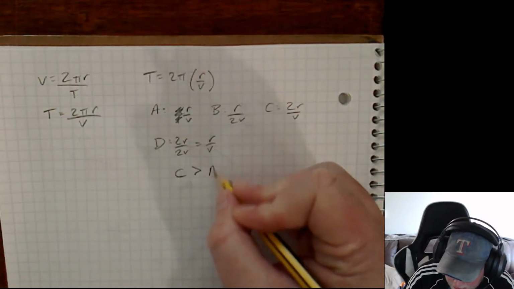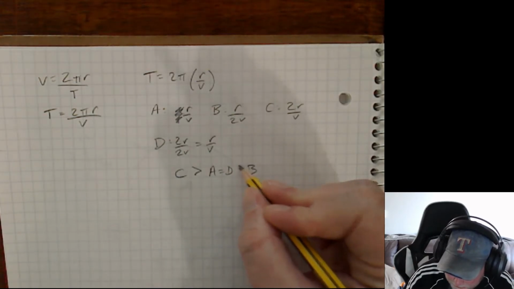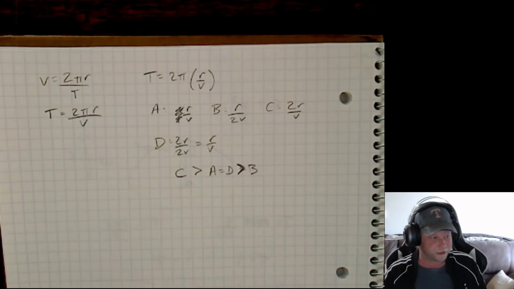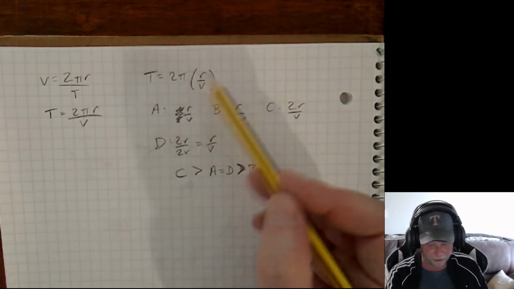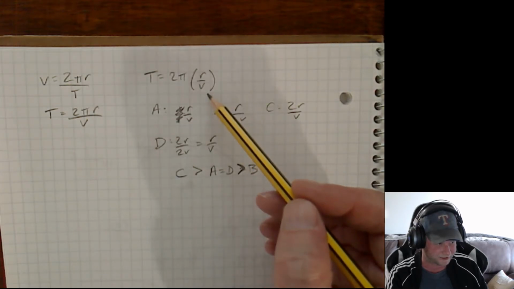Then you'd have a tie between A and D, and then you'd have B. So again, because they share that 2 pi, the only thing we're interested in is this ratio between the radius and the instantaneous speed.